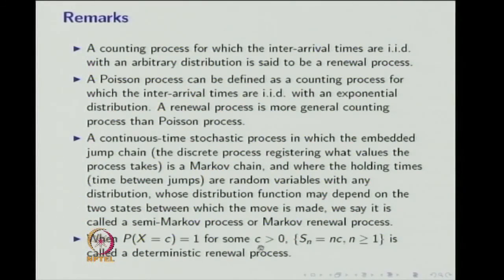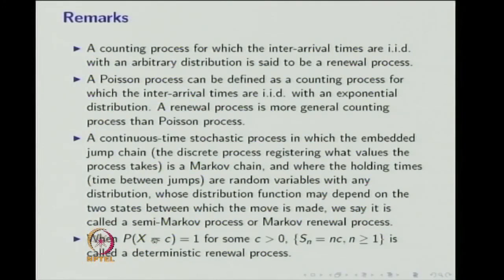Remark number 4: when the probability that X takes some constant value c is equal to 1, for some constant c greater than 0, then the corresponding renewal process is called a deterministic renewal process. This X is nothing but the inter-arrival time.